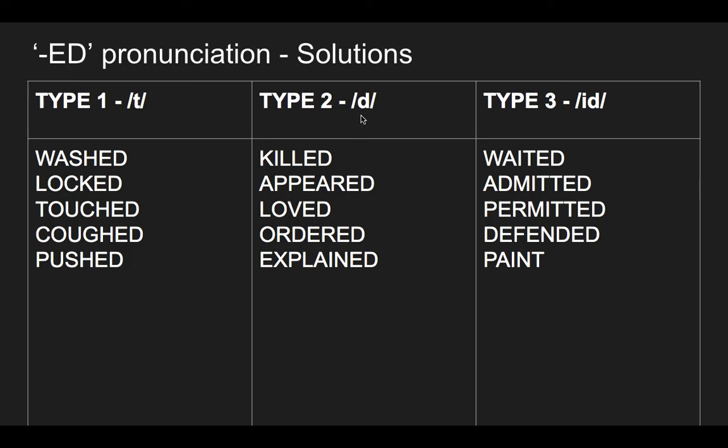Type 3 with d. Kill, killed. Appear, appeared. Love, loved. Order, ordered. Explain, explained. And with id, it doesn't matter if you've mixed up type 2 and type 3. The important part is this: id or d.